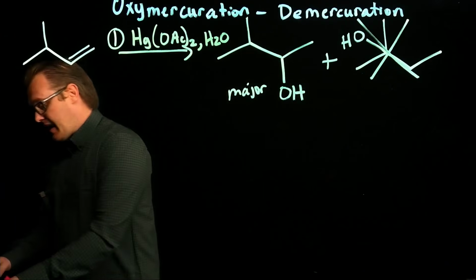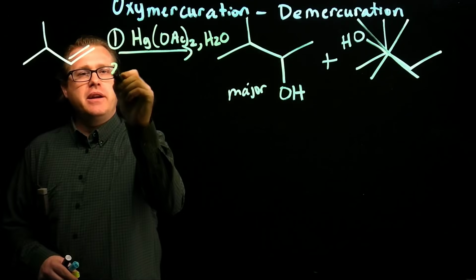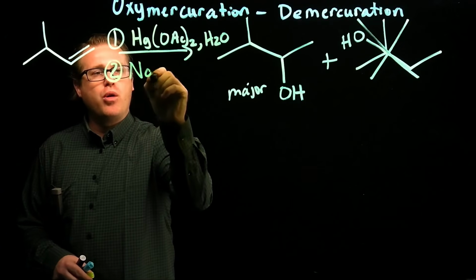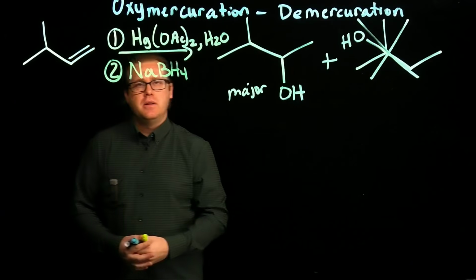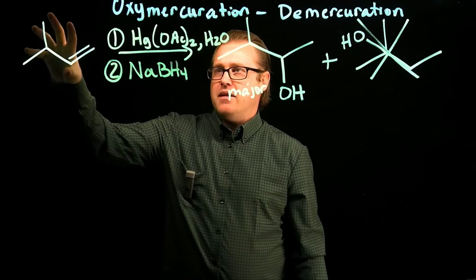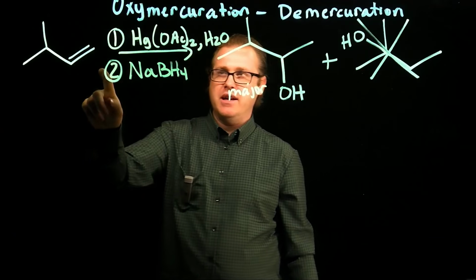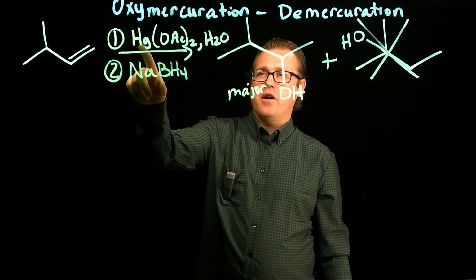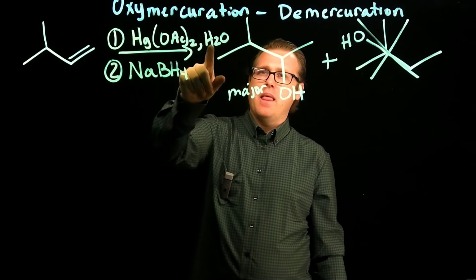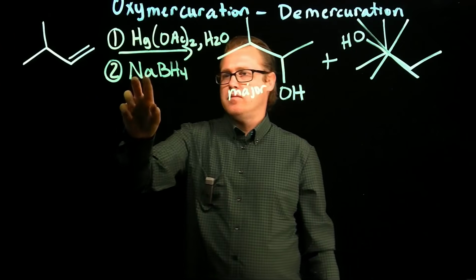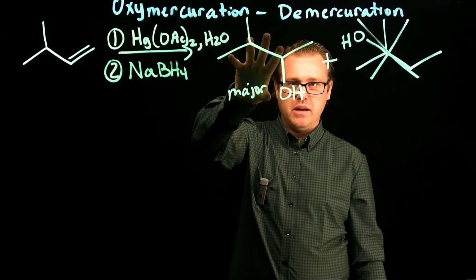And then the second step is you treat it with sodium borohydride, like that. If you treat this alkene with these two reactions here, we have our mercury acetate and water, and our sodium borohydride, we will generate this only as our product.